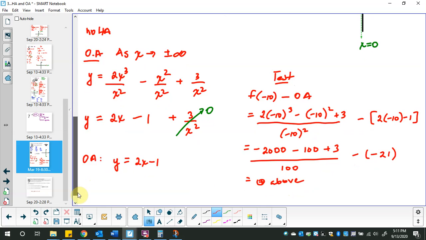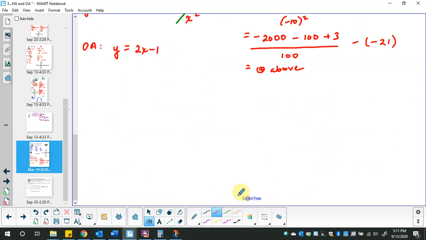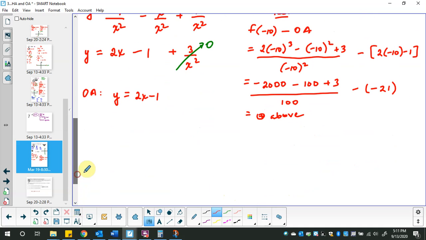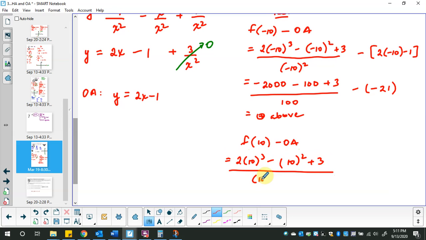And now I'm going to do the exact same thing with 10. Can you see my handwriting getting messier and messier? That's the hand cramp that's happening.